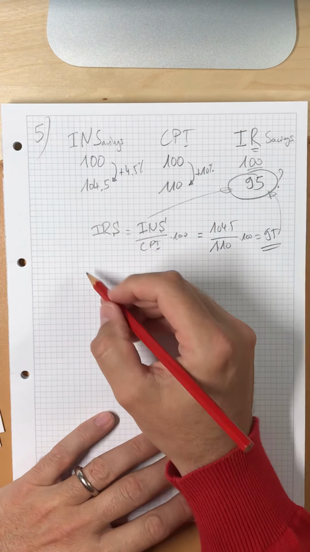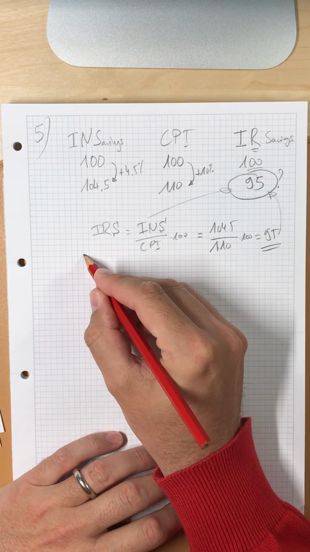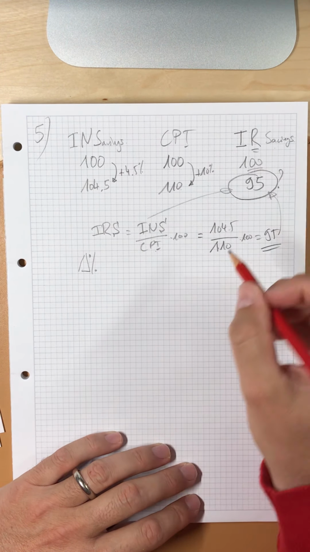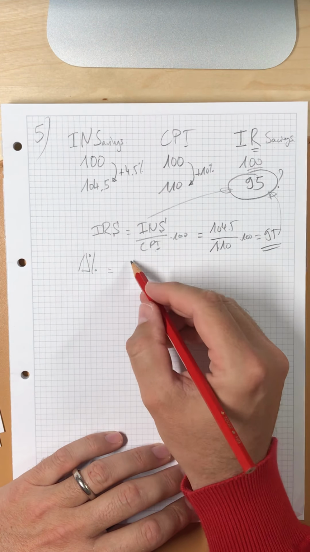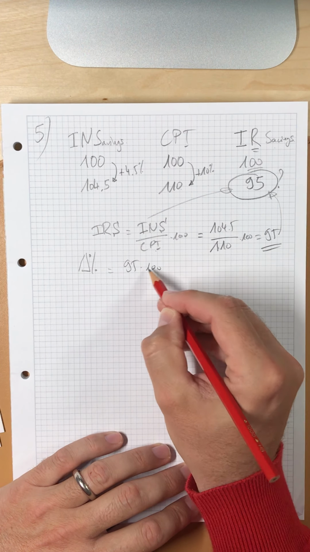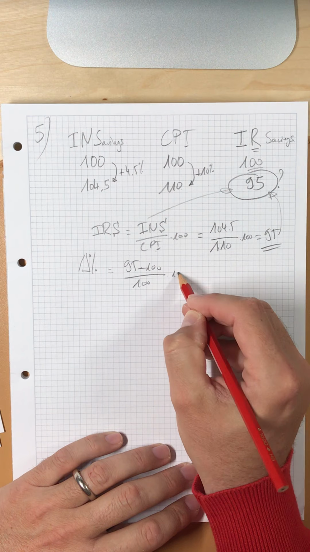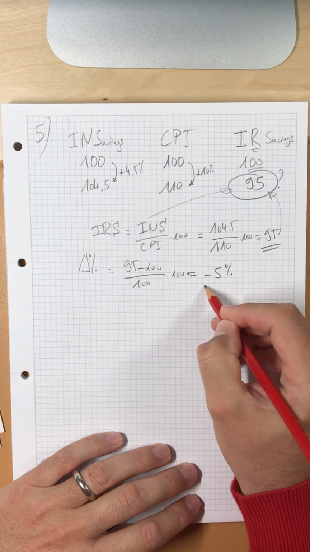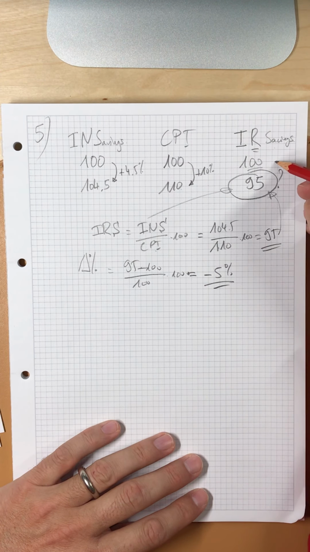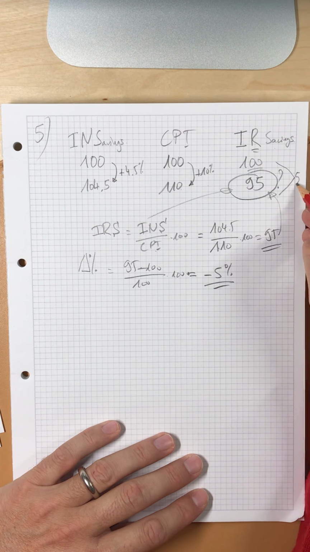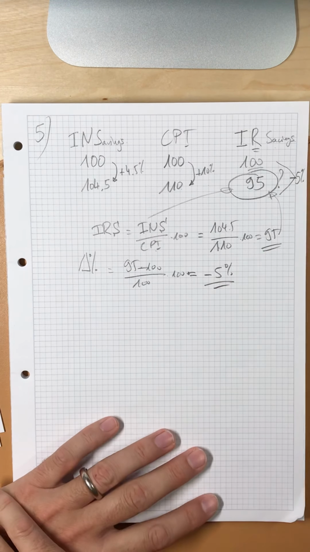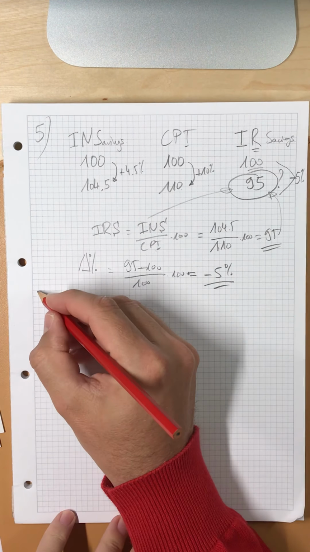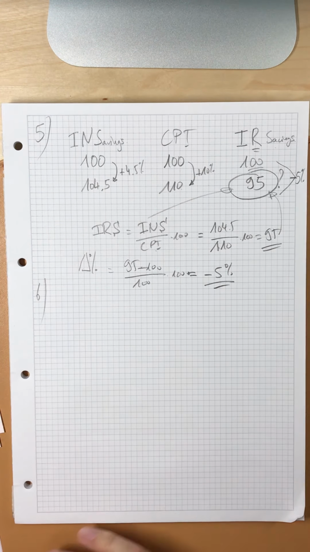And the question is, please calculate the percentage change of your real savings. Arrival minus departure over departure times 100 is equal to minus 5%, and you can also see there it's minus 5%. So this exercise was quite easy. Number 6 is different.